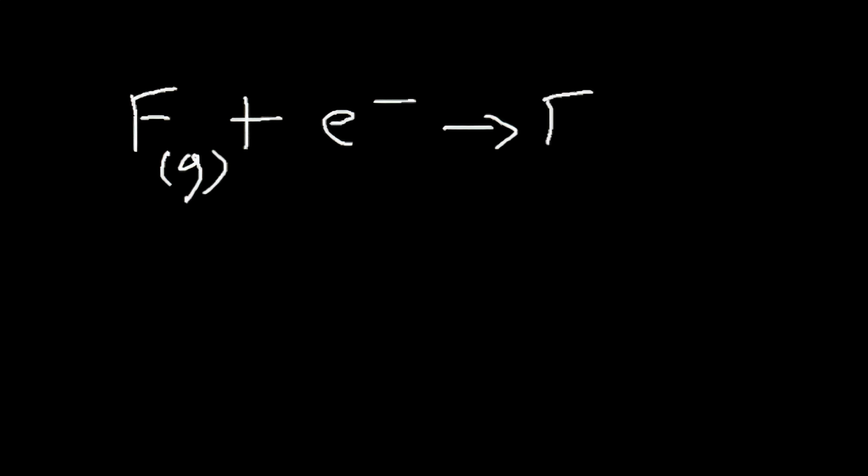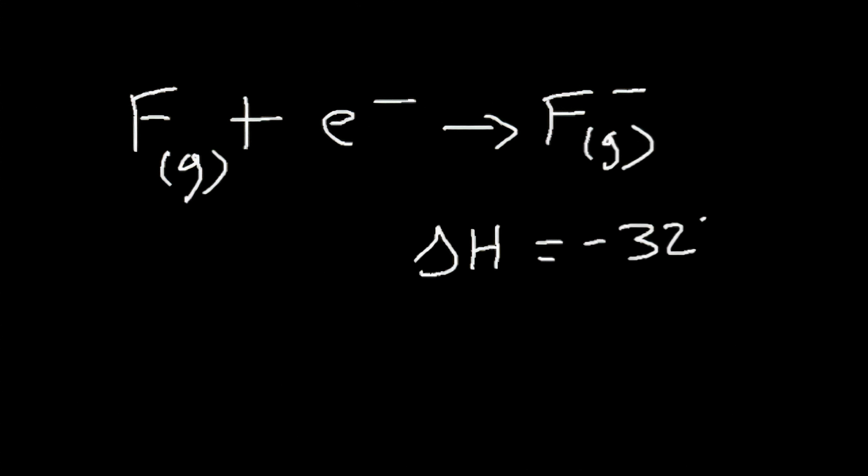It's important to know that the halogens are the most exothermic in terms of electron affinity. Because they're so electronegative, they really want electrons. So if you add an electron to, let's say, a gaseous fluorine atom, as it turns into fluoride, it's going to release negative 327.8 kilojoules per mole. So it's highly exothermic.